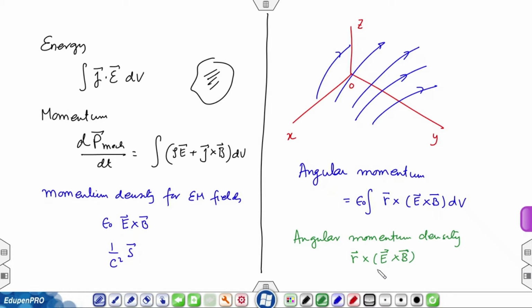So, this is a straightforward definition, but like we did for energy and momentum, I would also like to get it by explicitly considering the change in mechanical momentum of charges confined in a volume. So, let us do that now.